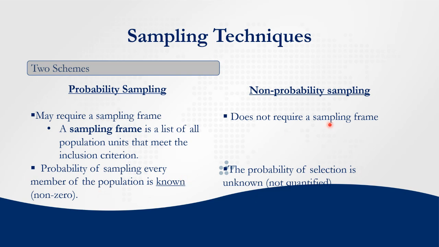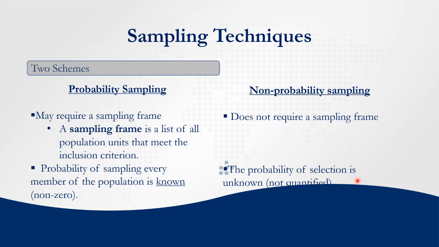On the other hand, as I've said, with non-probability sampling you don't need a frame, but the probability of selection is not known because you don't have a frame. With probability sampling, you can calculate it because you have something to work with, sometimes even if it's not a frame but some list or information that you can use to calculate the probability of selection.